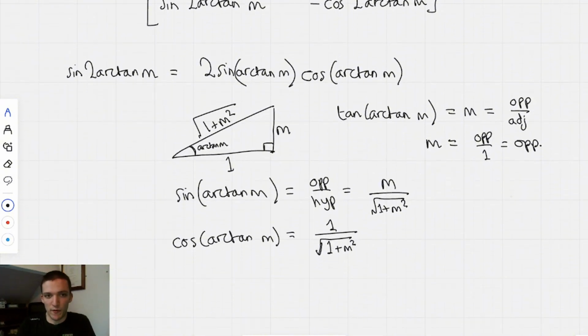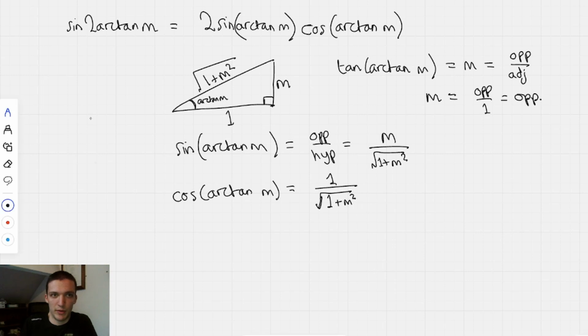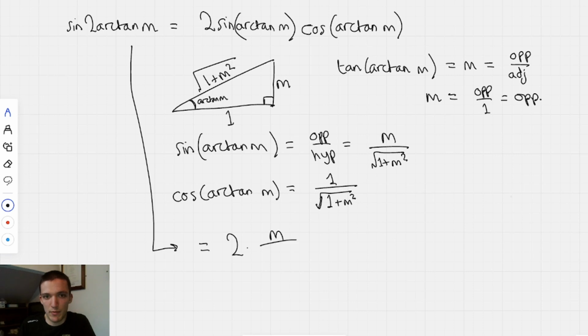So this is our expression for sine of arctan m and cosine of arctan m. Now let's put that into here, and we can say this is equal to 2 times m over root 1 plus m squared times 1 over root 1 plus m squared, which is 2m over 1 plus m squared.